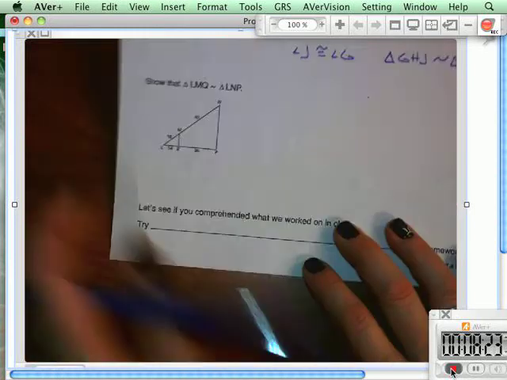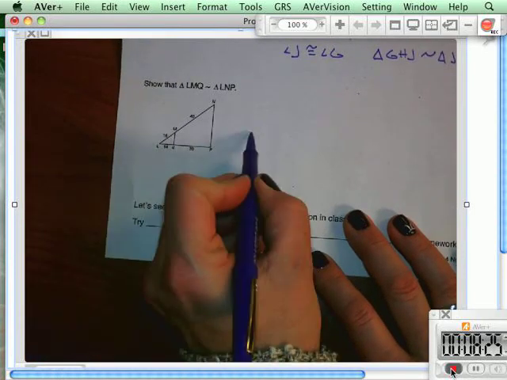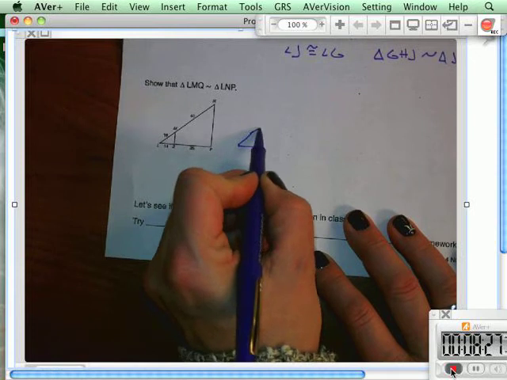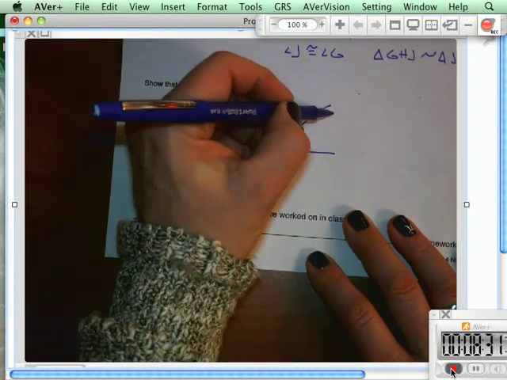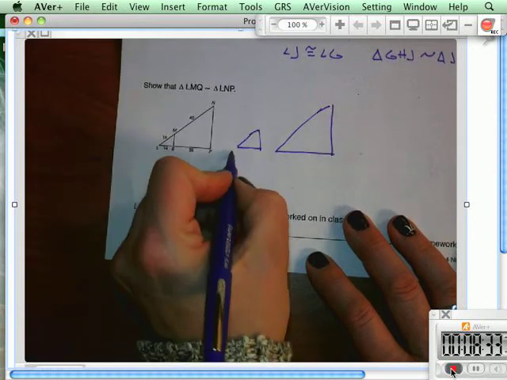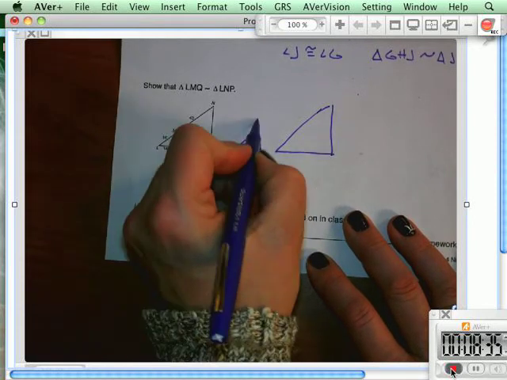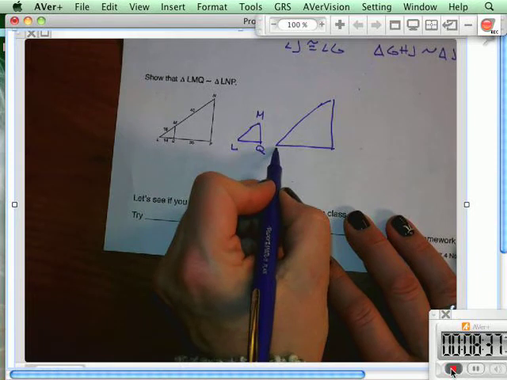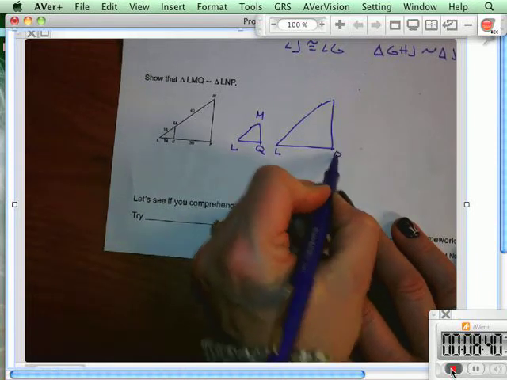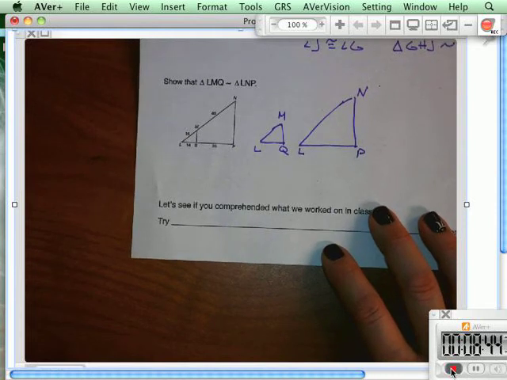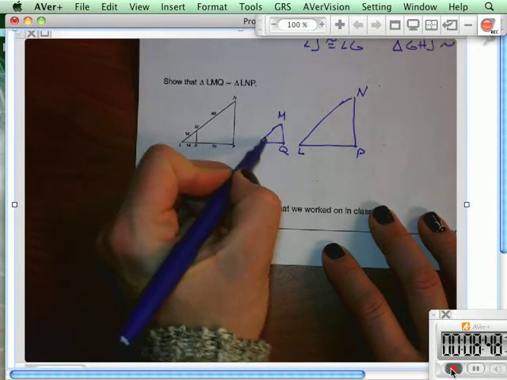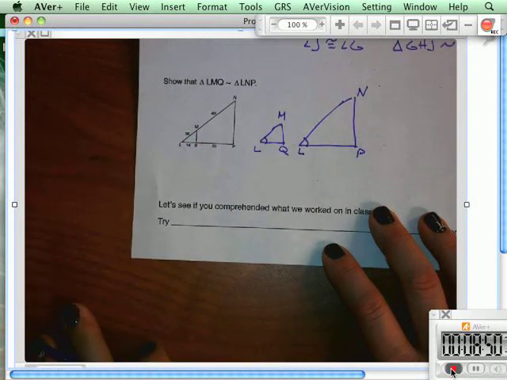Let's show that these are similar. I'm going to redraw these little triangles because I just think it makes it look easier. So this is L, this is Q, this is M. Oh, that's also L. There's P, there's N. I know that L is congruent to itself because of the reflexive property.